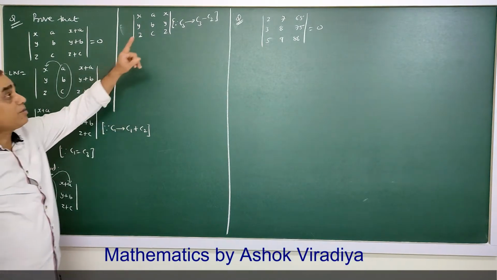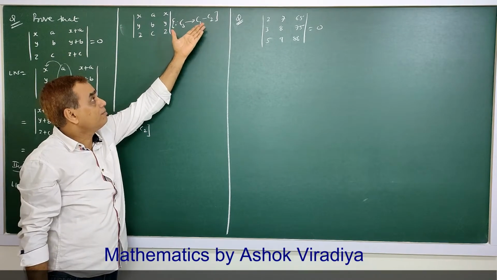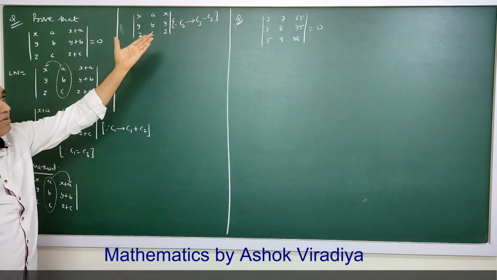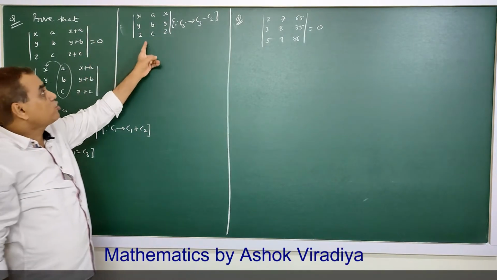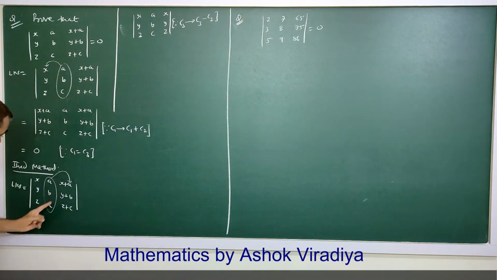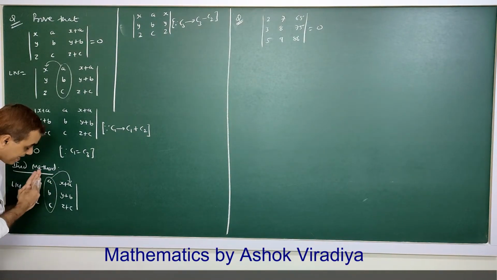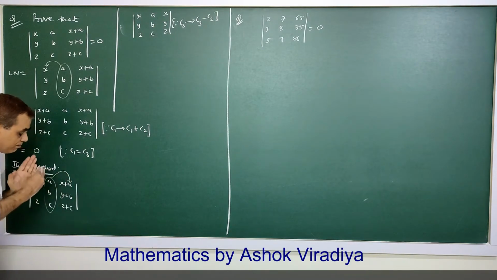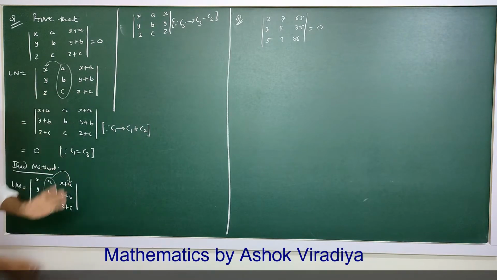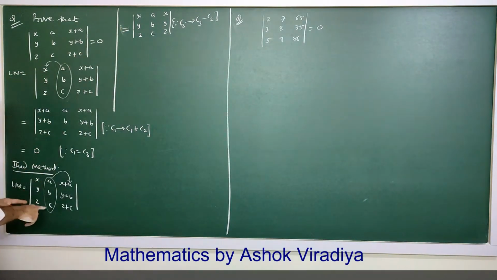Which procedure do we perform? We can say it like this: elements of the second column are multiplied by -1 and added to the third column. So performing this procedure, the value of the new determinant remains unchanged. So if this is 11, its value is also 11.